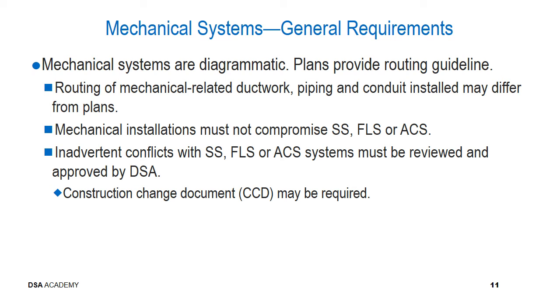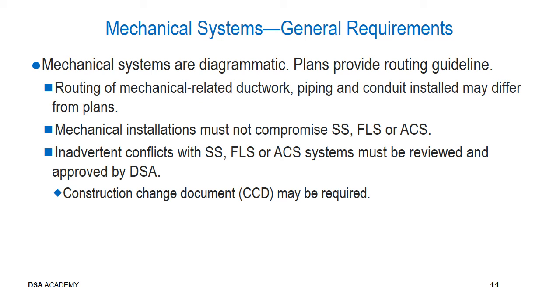What's important to understand is that number one, mechanical installations cannot compromise the structural safety, fire life safety, or accessibility components of any project. With that being said, it is certainly possible, and it is not uncommon, that some inadvertent conflicts with the structural, fire life safety, or access compliance systems may occur.